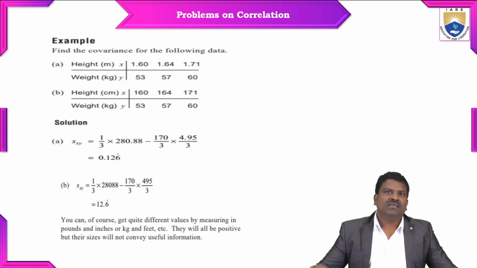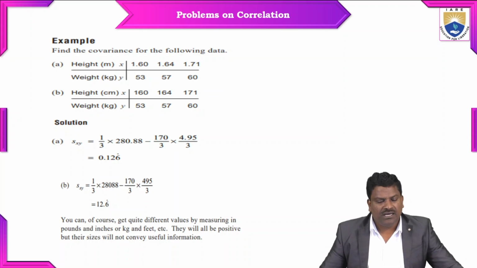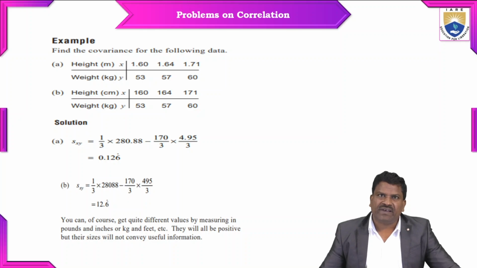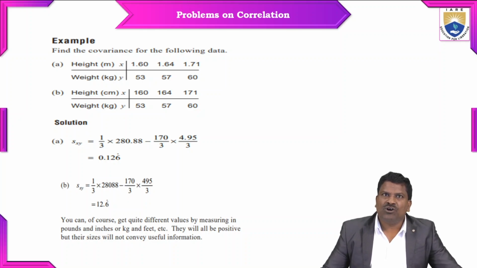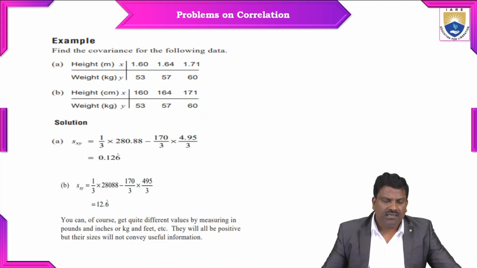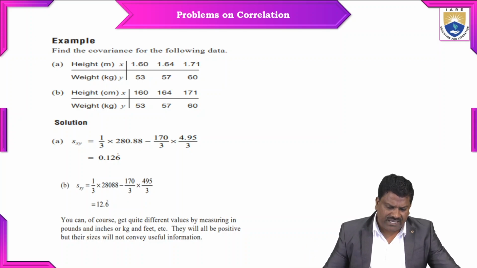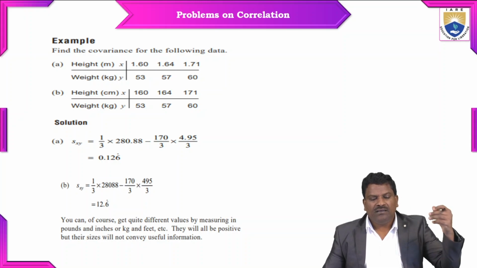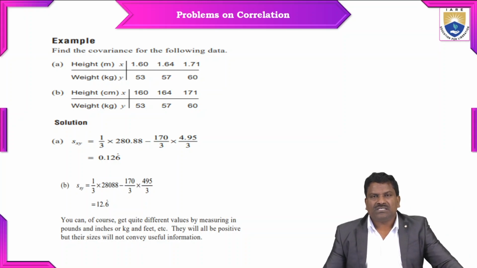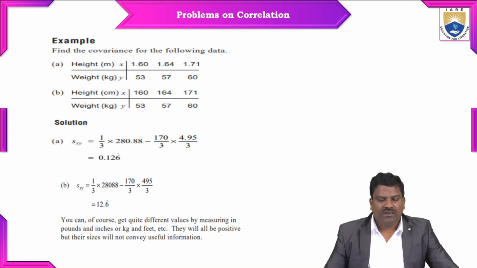What is the covariance they are asking? For that, S of xy, that is called covariance. Covariance from x to y. It is nothing but sigma xy by n minus sigma y by n into sigma x by n.